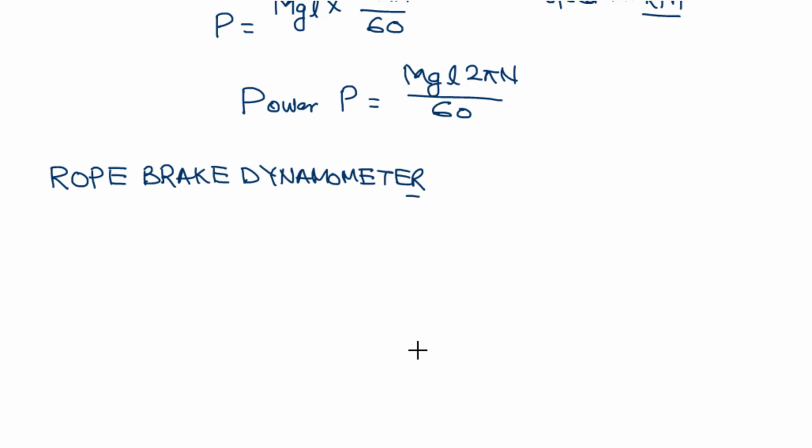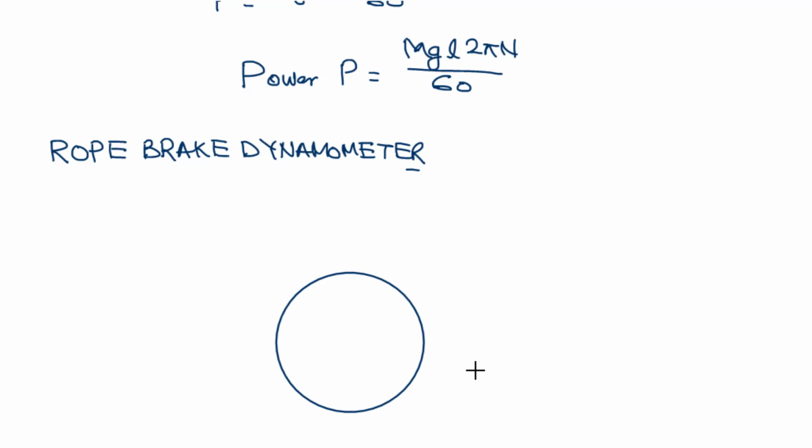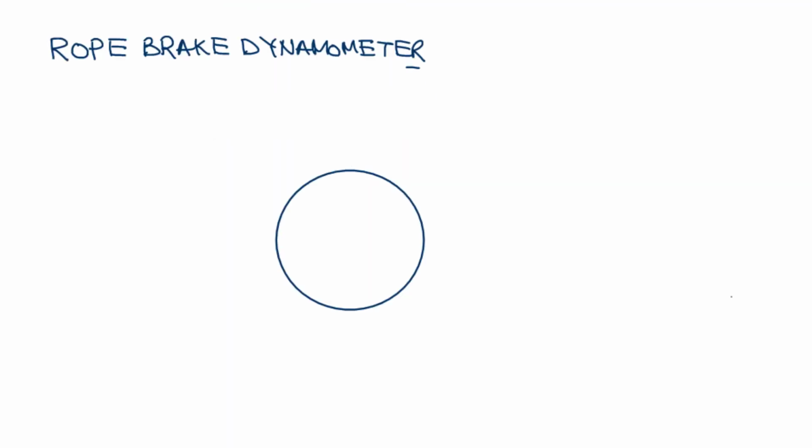So this is pulley, and this is shaft keyed with pulley, and this is a rope.